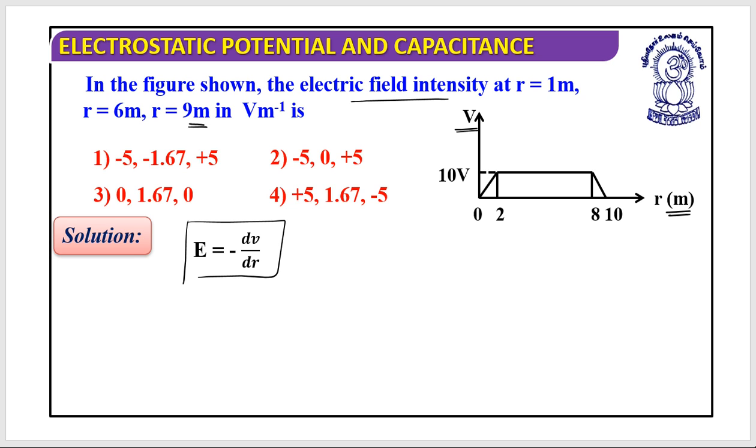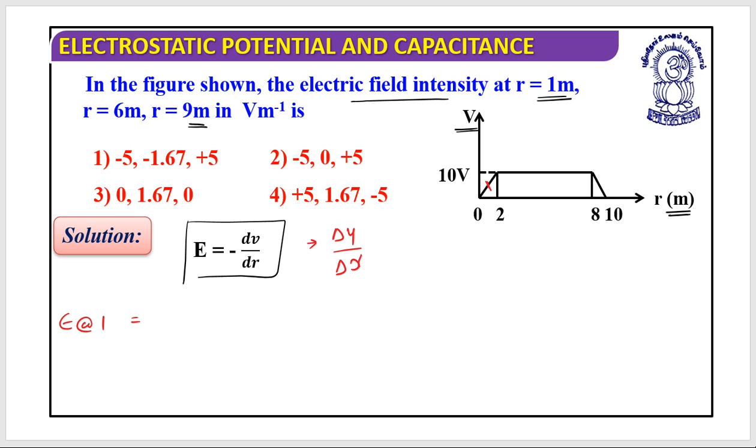So let's look at r equals 1 meter. That r equals 1 meter would be somewhere here. So if I find the electric field at 1, I need to find the slope, and for slope I can have three options.